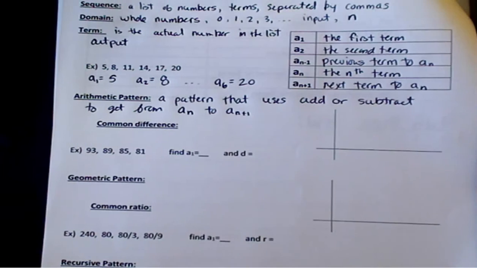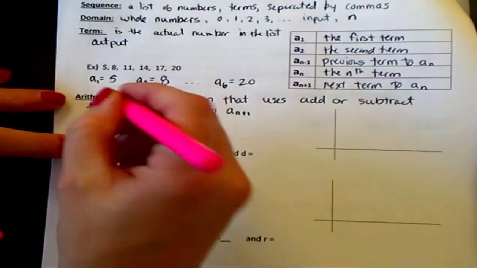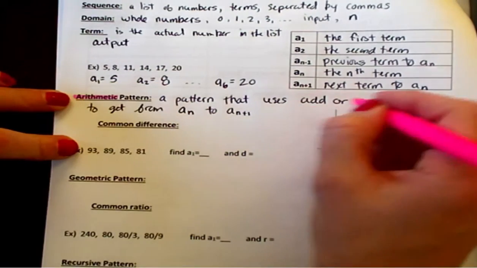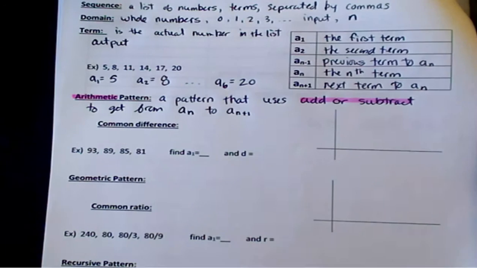Add or subtract. That's the key word here. Arithmetic means add or subtract pattern, because we're going to have to name the type of pattern we're looking at.